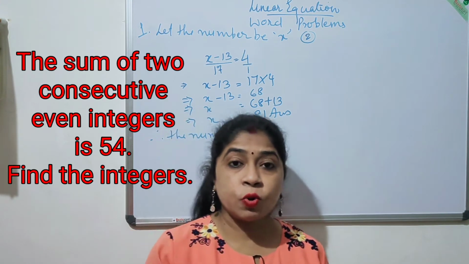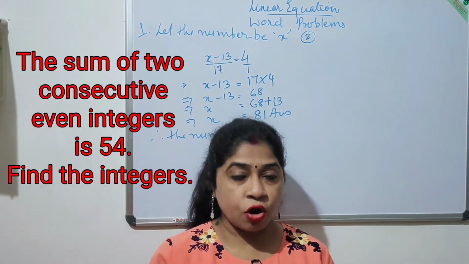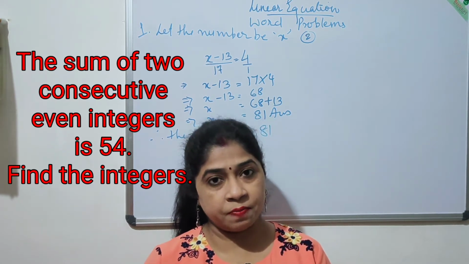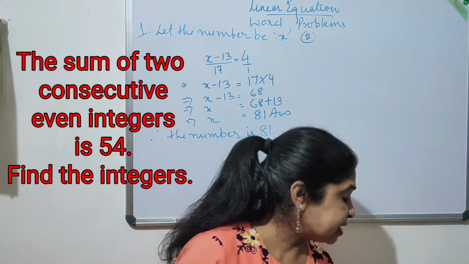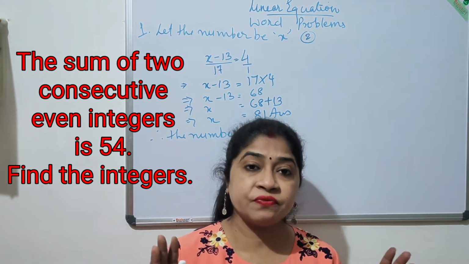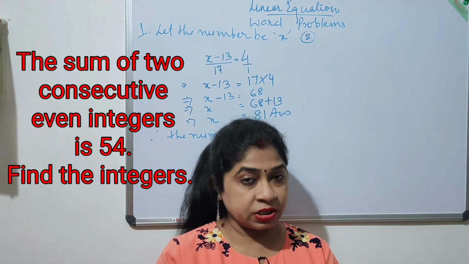Now children, you know what integers are? All positive numbers and negative numbers are integers. So the sum of two consecutive even integers is 54. You have understood what an integer is.